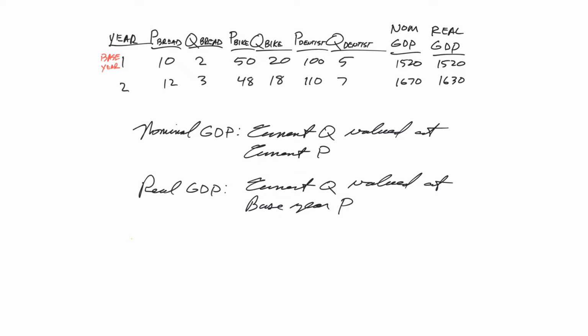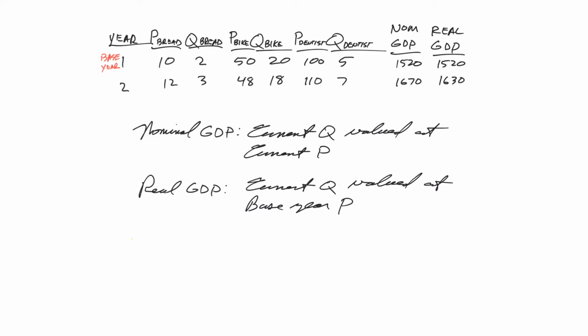We choose it, flip a coin, whatever, but we have to select a base year. And so we go through, we value the bread at the base year price, which, year 1 is the base year. So there's no change in the base year. So real GDP is equal to nominal GDP in the base year.